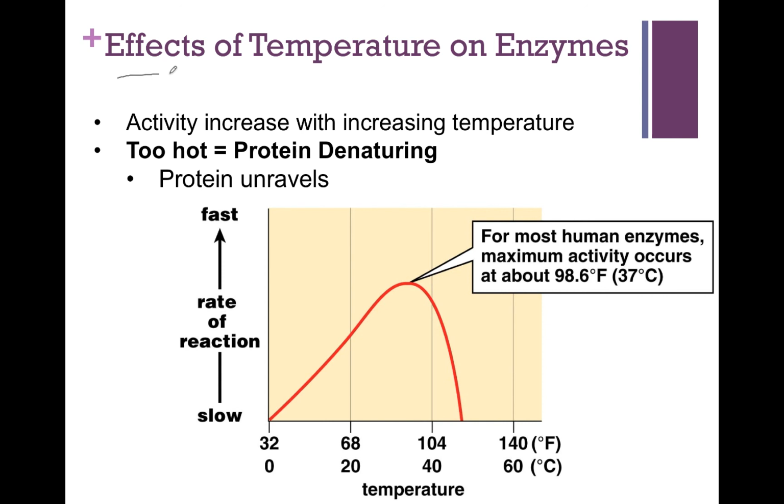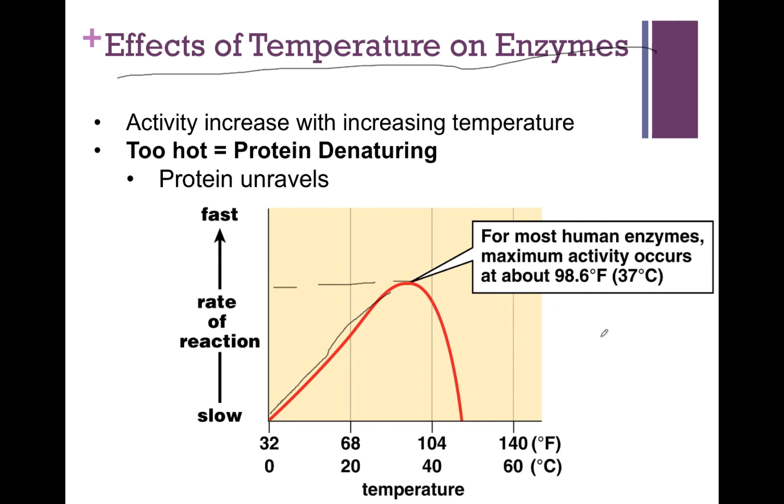The title says effects of temperature on enzymes. The Y-axis says slow to fast in rate of reaction, and this is temperature, from 0 to 60 degrees Celsius. Notice that as we increase temperature, we're increasing the enzyme's reaction rate.